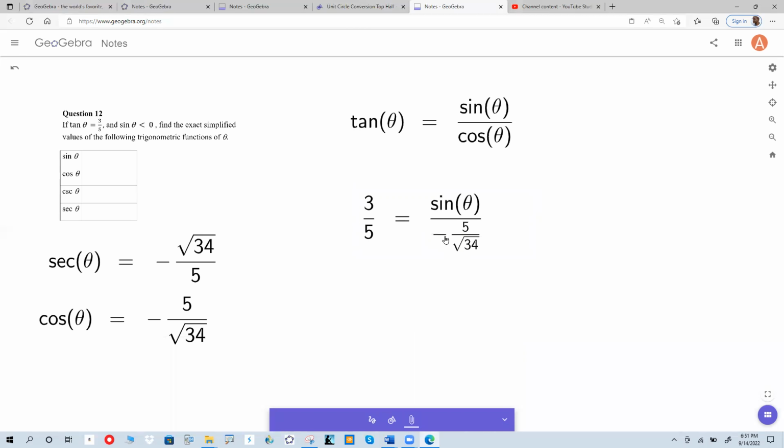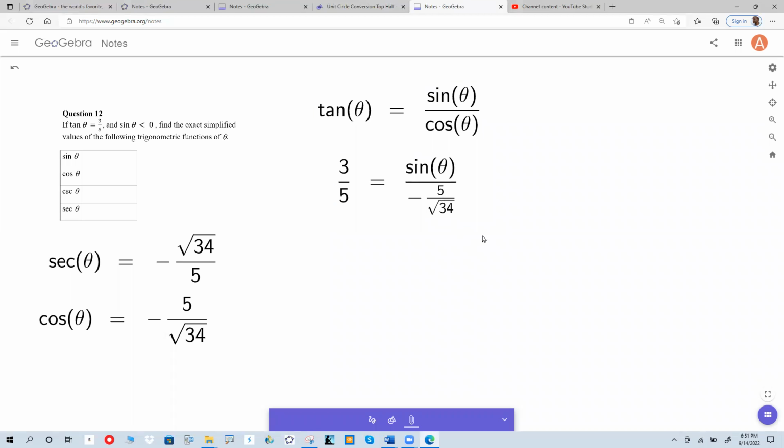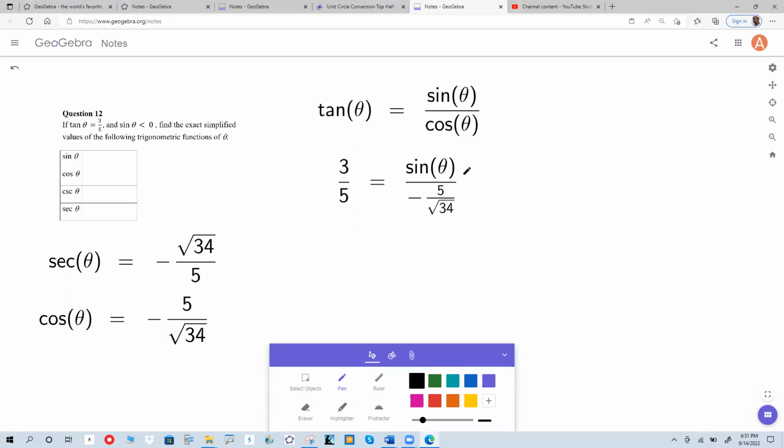Now, from this equation, I am going to find the value of sine theta by cross multiplying. Now, I don't know how you do it. One way to do it is really multiply both sides by this, and you'll be fine.